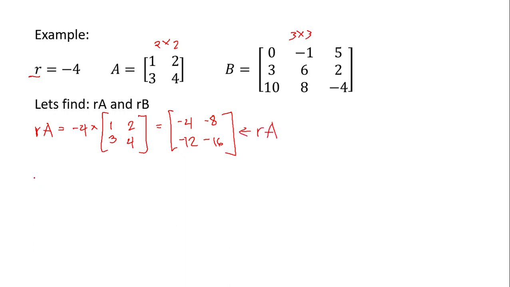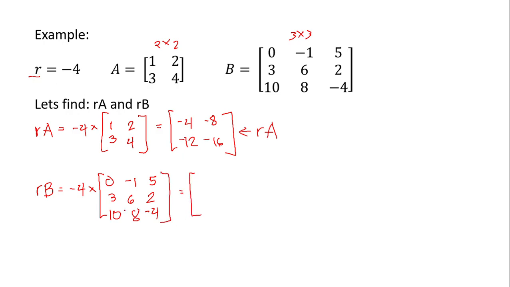Next, RB naman. Okay? So, our R is negative 4 multiplied dun sa ating matrix B which is a 3 by 3 matrix. So, we have 0, negative 1, 5, 3, 6, 2, 10, 8, and negative 4. Okay? So, we just need to multiply this R to the elements of this matrix.